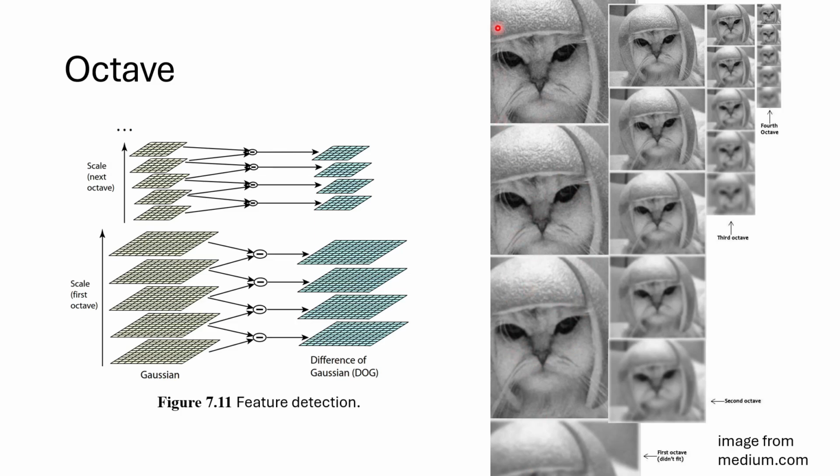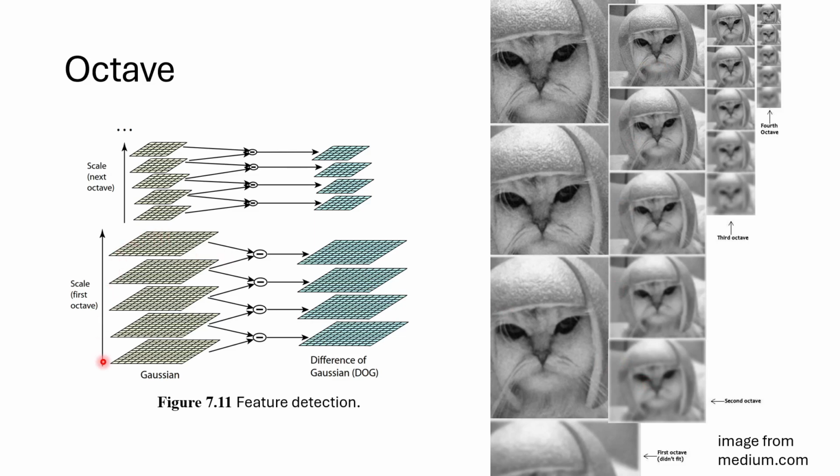The set of layers is called an octave. Then it subsamples the image and generates another octave like this one, and in the second octave it also applies Gaussian filters to generate different layers.